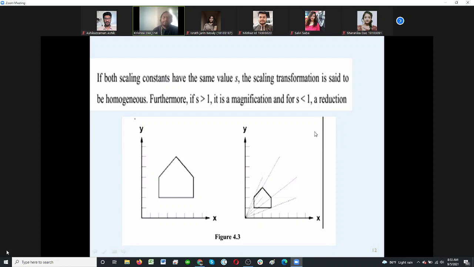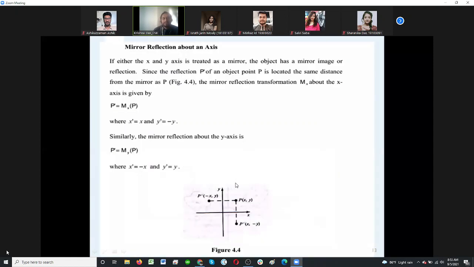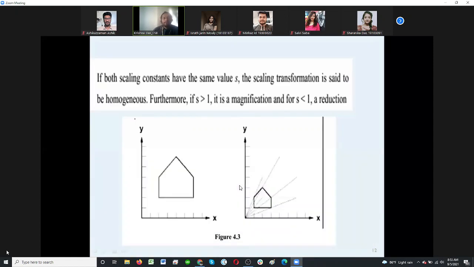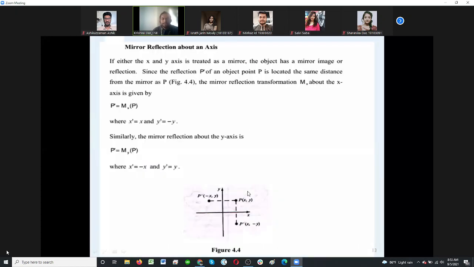As you can see, it's getting a smaller size. And if it is getting larger, that means greater than 1, then automatically the size is getting larger. That is called magnification. So either you are enlarging the object, or you are reducing the object. We have seen that if the value is 1, then no change happens to that object. It will be in the same position.